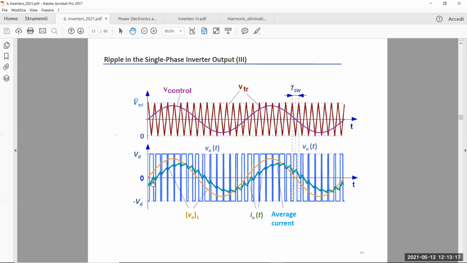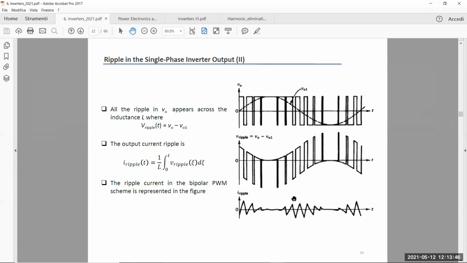When the voltage across the inductance is positive, you have a di over dt which is positive, meaning that you are increasing the current. When the voltage is negative, di over dt is negative, so decreasing current occurs. Okay, you have this sawtooth waveform rising up and down with different ripple amplitude, depending on the ripple computed here.